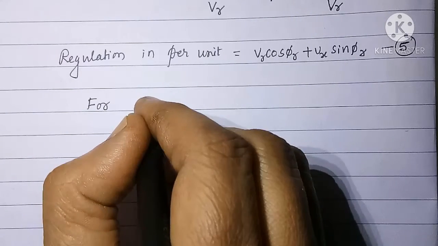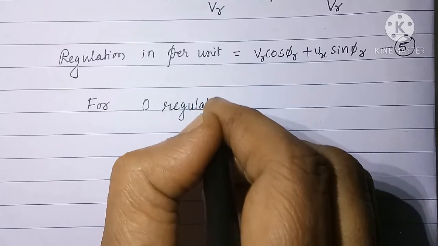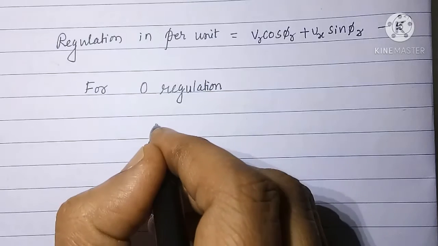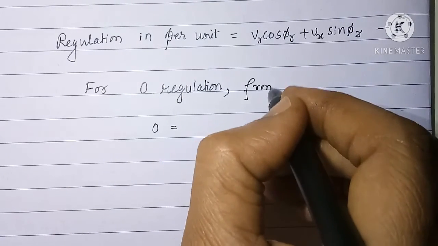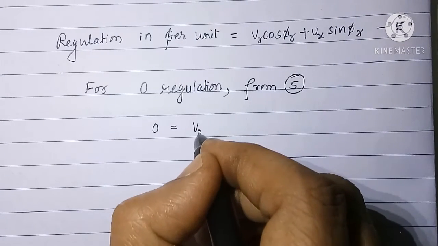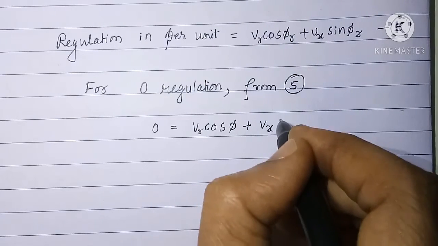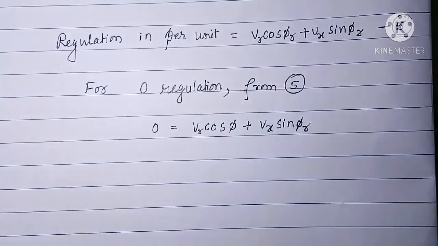For zero regulation, which is practically not possible, from equation 5, Vr cos phi r plus Vx sin phi r will become equal to 0.